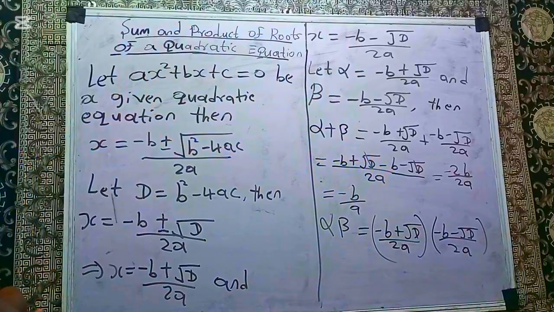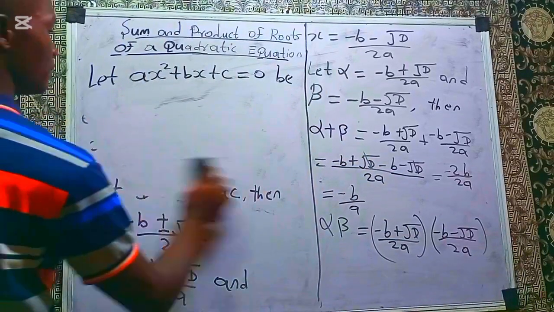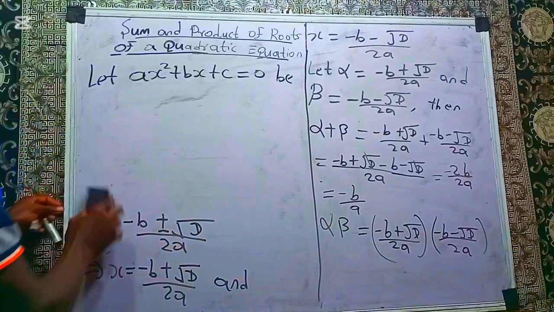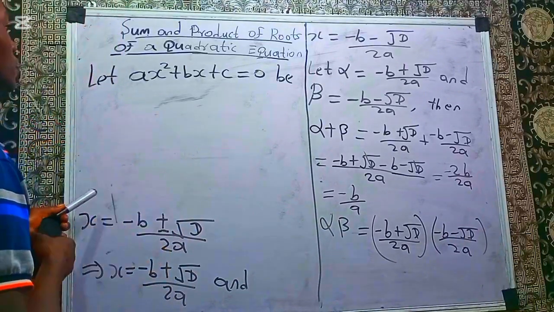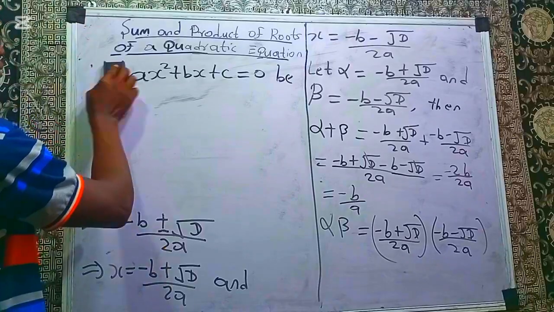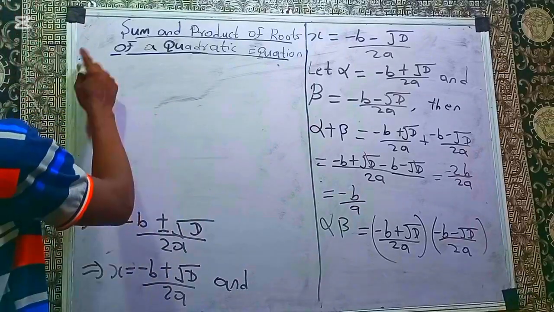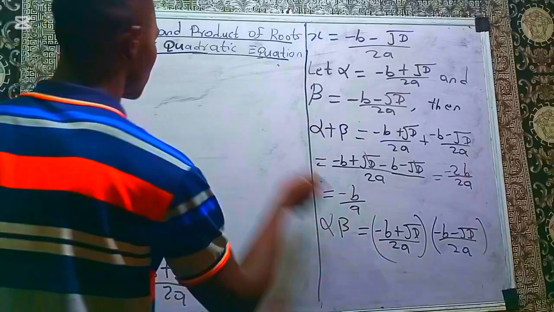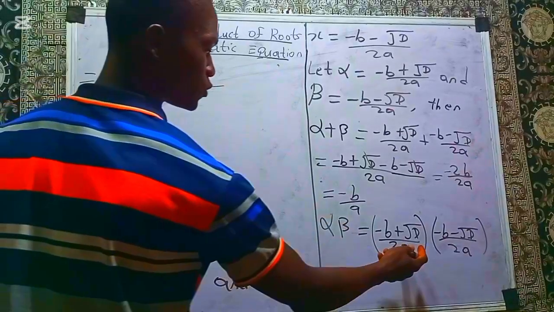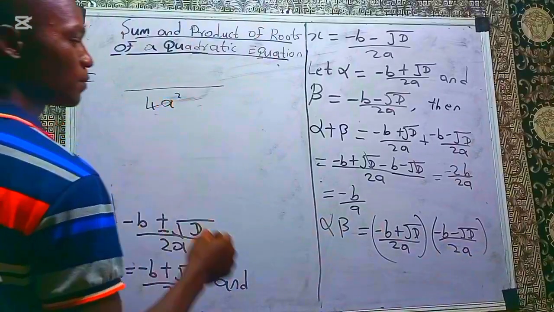So let's multiply the denominators: 2a times 2a will give you 4a squared.